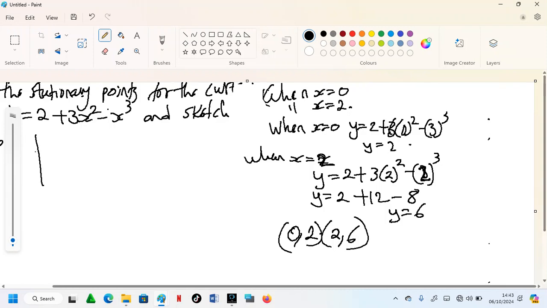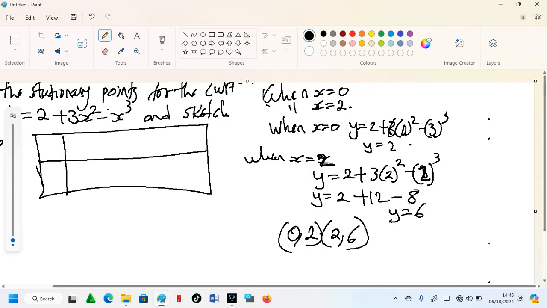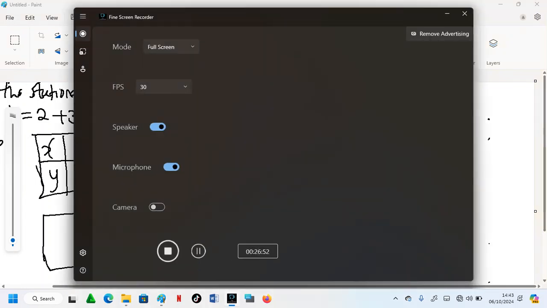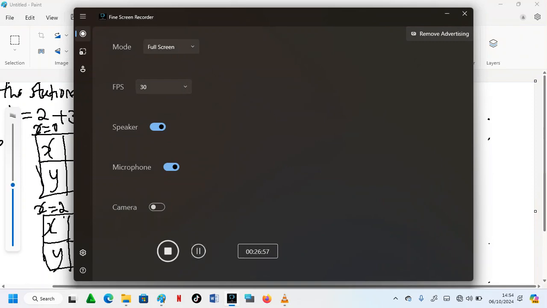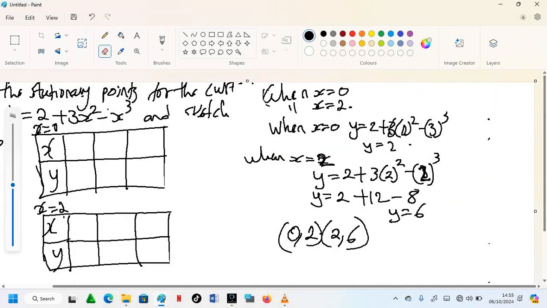So very first I'm going to have my table there, and I'm going to say x, y. Now we have these two points that we're supposed to sketch: the point (0, 2) and the point (2, 6).